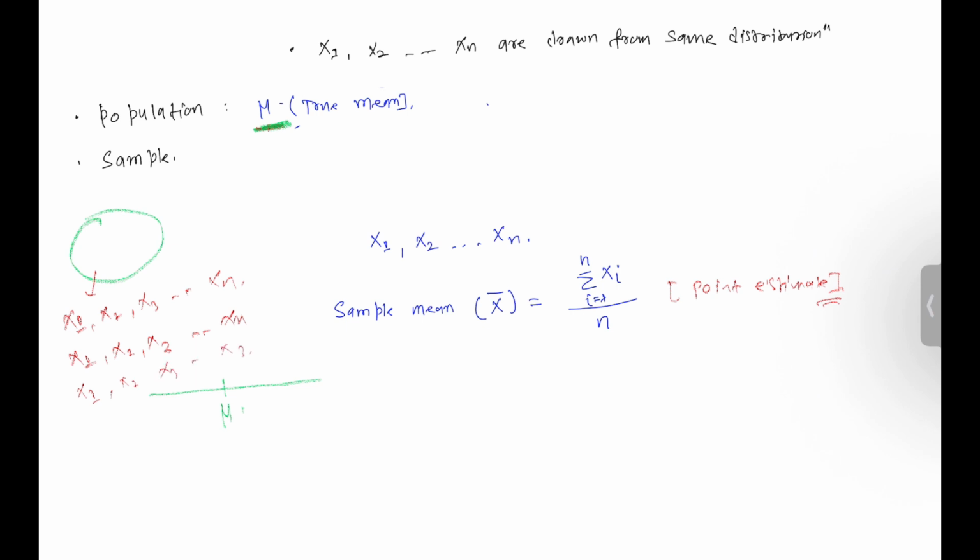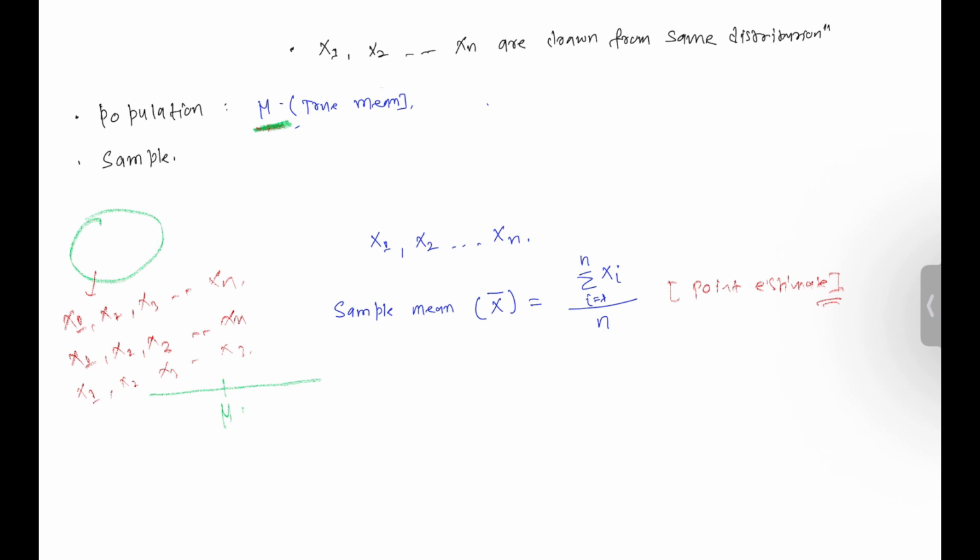Now since we are randomly sampling, this sample will be different. The population is big, and on the first day we have picked some sample, on the second day we will be randomly picking some sample.